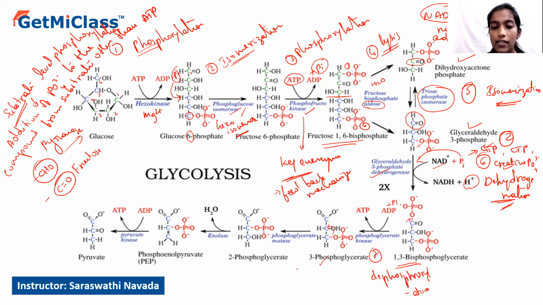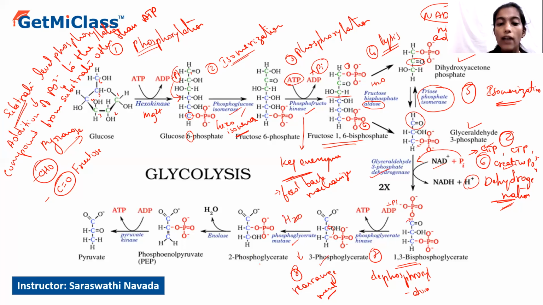This step is called rearrangement, where the phosphate group is rearranged. The enzyme catalyzing the reaction is phosphoglycerate mutase.